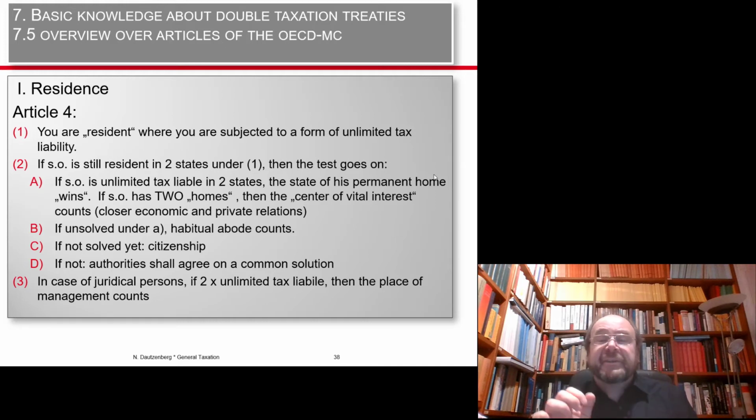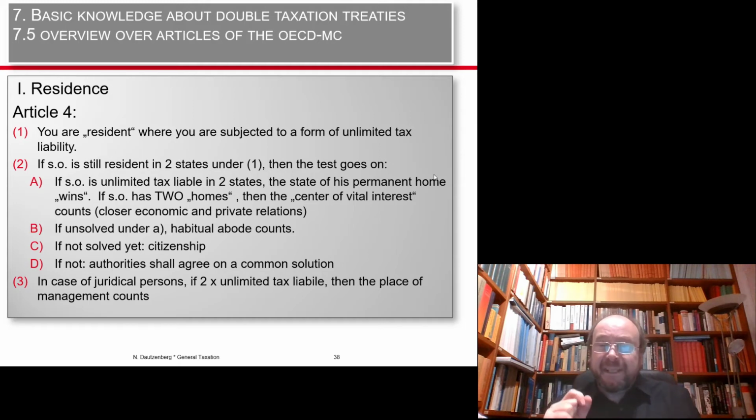They avoid that term and describe it in a general way because naturally other countries don't call it unlimited tax liability but have different names. Now, if you are regarded as resident in two states under the first rule, then you have no clear result, so the test must go on. Then it is decisive where you have your permanent home.